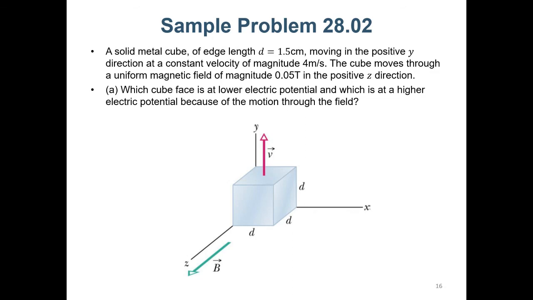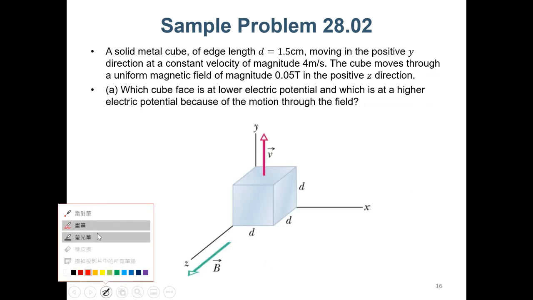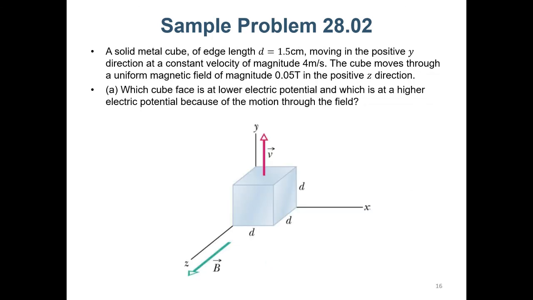So let's see a sample problem. This is quite fast. A solid metal cube of edge length D equals 1.5 centimeter is moving in the positive y direction at a constant velocity of magnitude 4 meters per second.